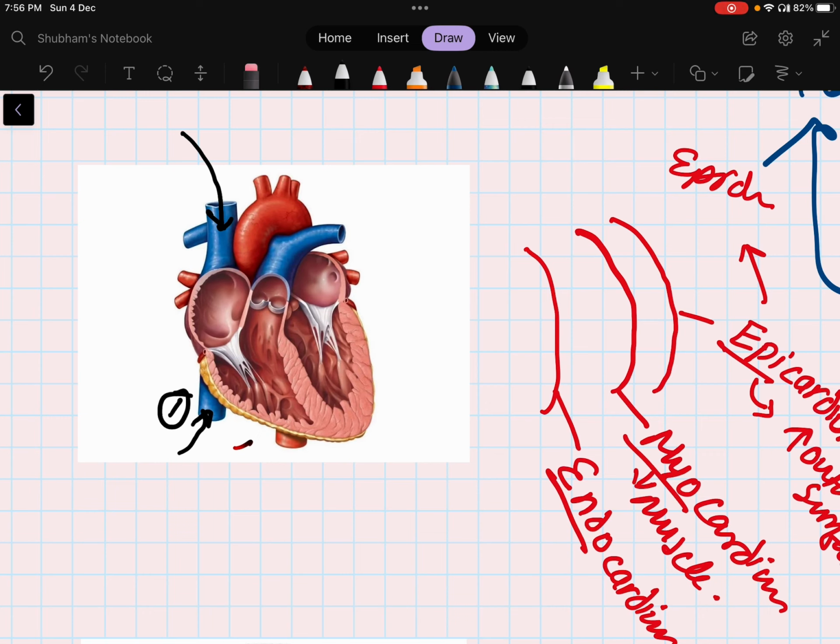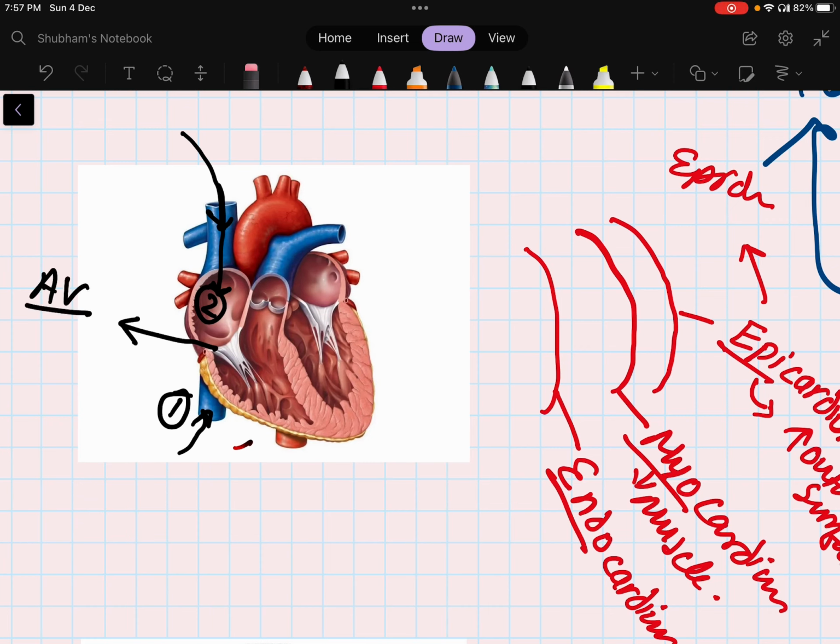First blood comes into this, then it will be collected into the right atrium. Then this wall. Which one is this one? AV wall. Atrioventricular wall. Right.